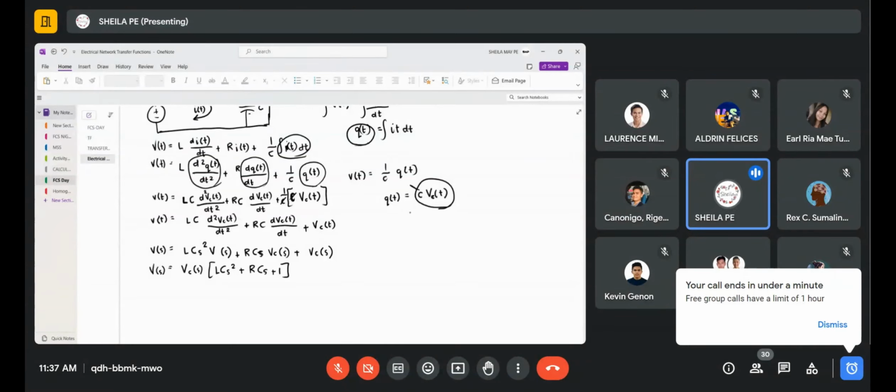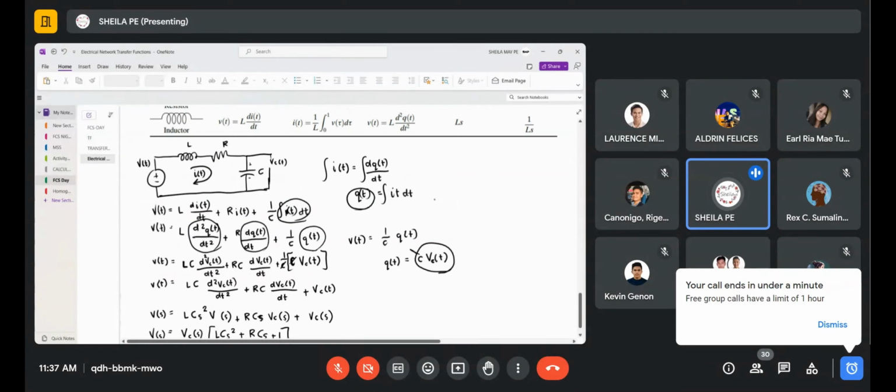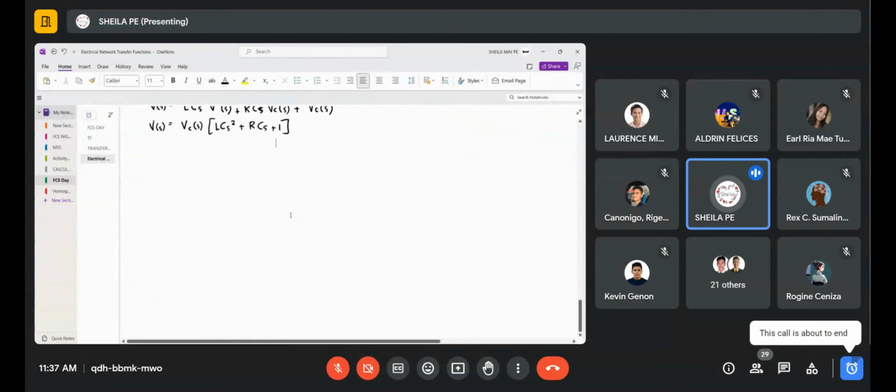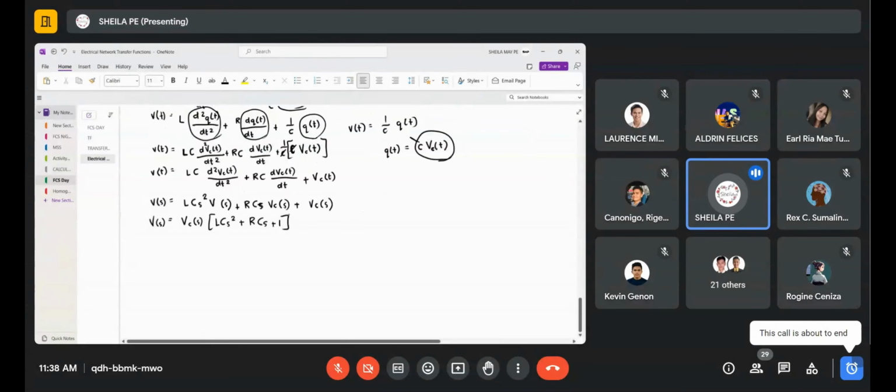Now from the output and input, our output is on VC and our input is VT. Taking the Laplace of this, this is VC of S and this is VS. So basically our transfer function is VC of S divided by VS. You divide both sides of the equation by this.